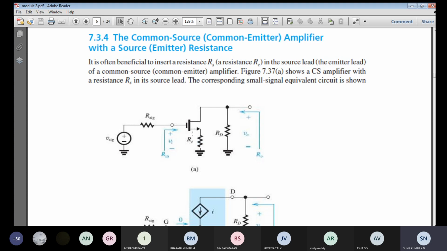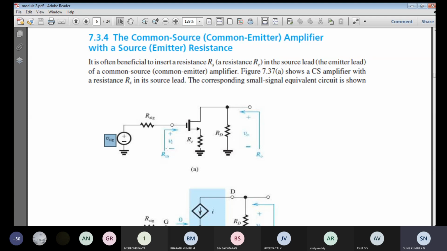Whatever the voltage drop across RS is Vs, and the voltage drop between gate and source is VGS.